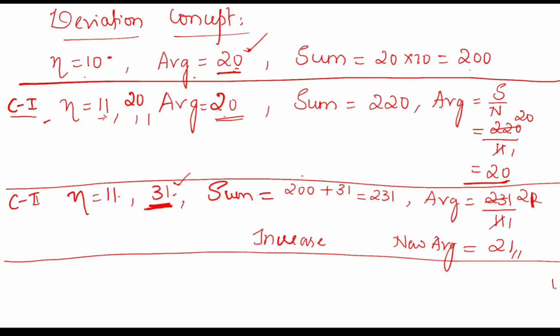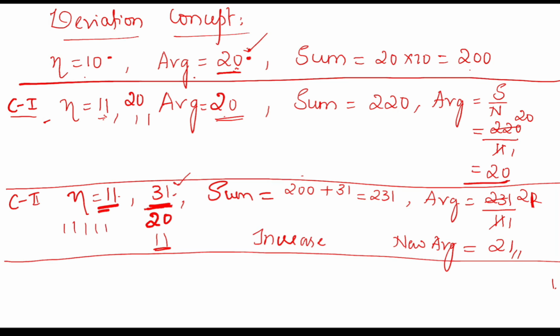Now see here, this child is bringing 31 sweets, whereas in the old case each child had 20 sweets. If this child also had 20 sweets, how much extra does he have? 11 sweets extra. If these 11 are divided among the 11 children, each child will get 1 extra, per head.